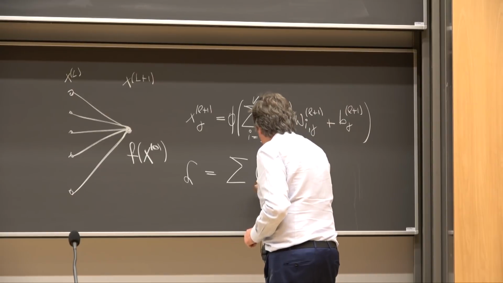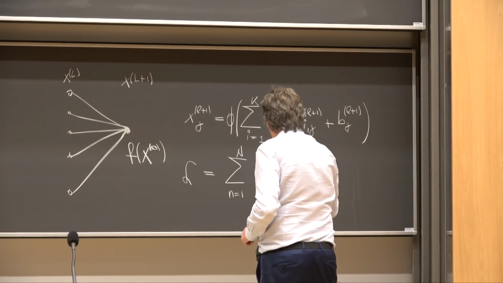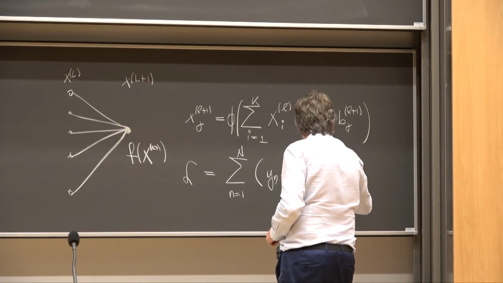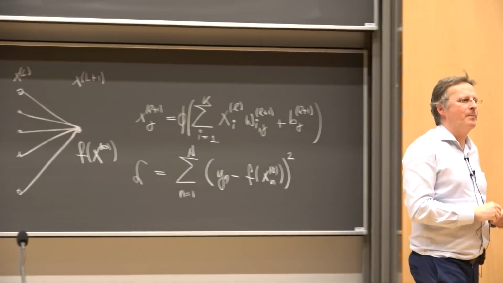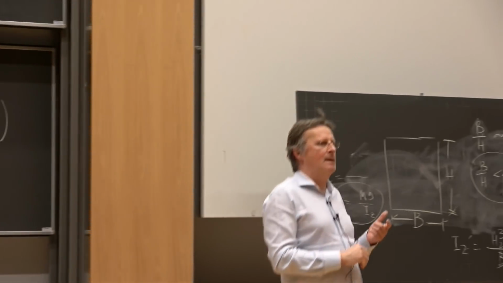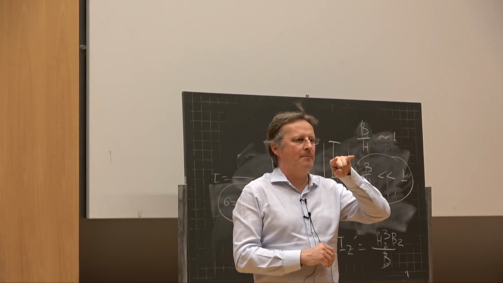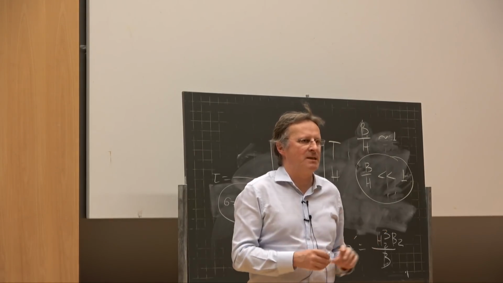So I have yn minus f of x0 n, squared. So let's assume that the cost function here is that I wanted to do regression, and I just take the L2 norm as my metric here, just to be specific.